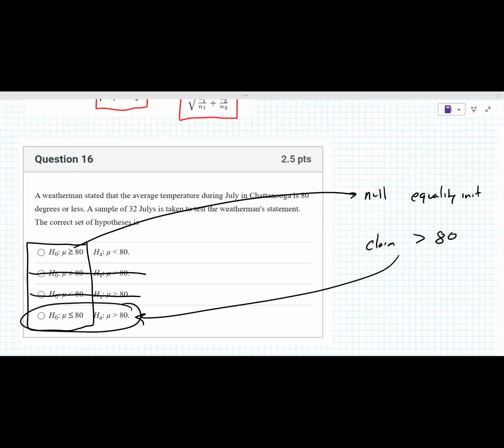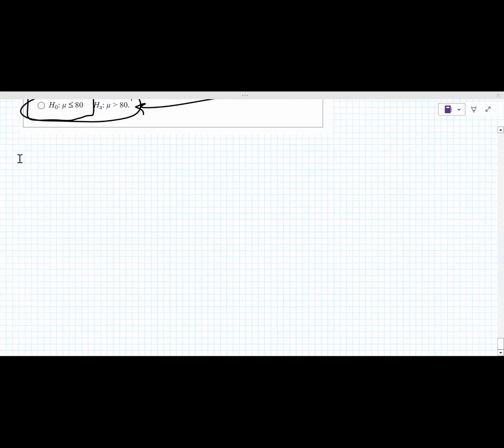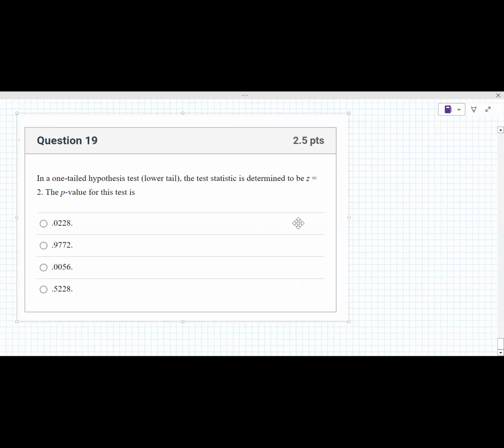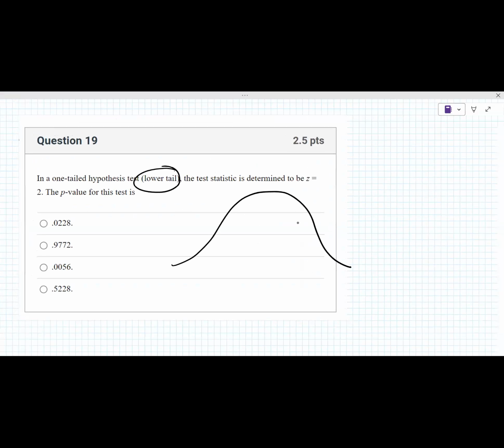Okay. Let's go to 19. The one-tailed hypothesis test, lower tail, that's important because that means it's the area to the left, is determined to be z equals 2.